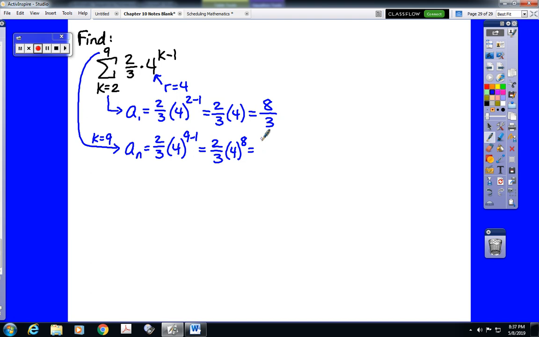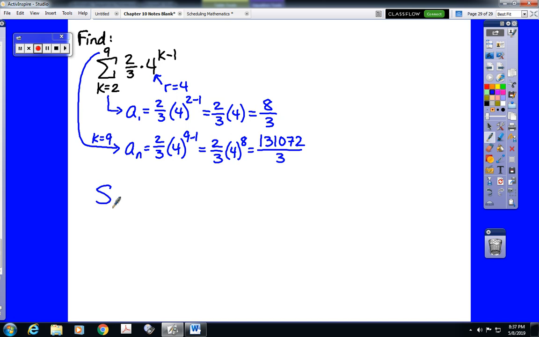So we would end up with 131,072 over 3. Again, not a nice decimal, not something we can write the entire thing because it's repeating. So we're going to leave it as a fraction. And your calculator itself may not like that fraction very much.